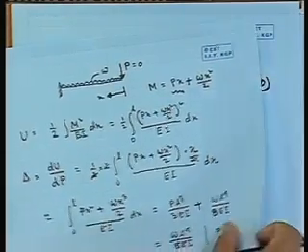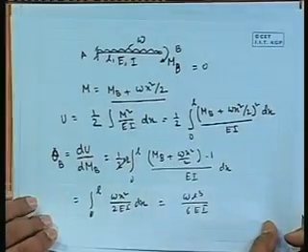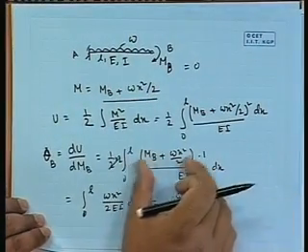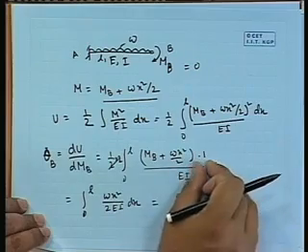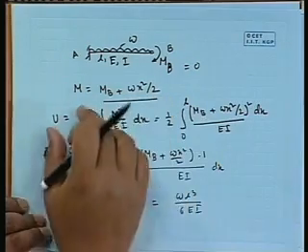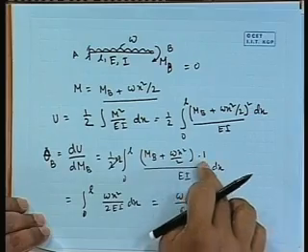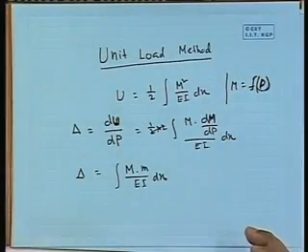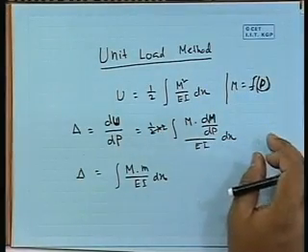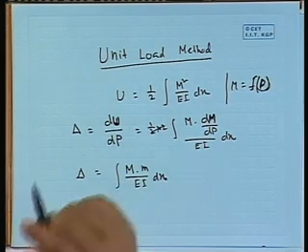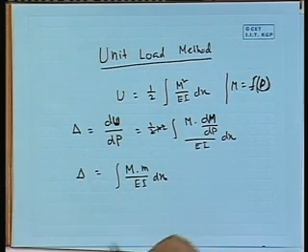Now, for that problem, this is basically the M, and this part is the derivative of that with respect to P. So, P here is M_B, right. So, if we generalize, what is M? M is the bending moment generated by the actual loading.